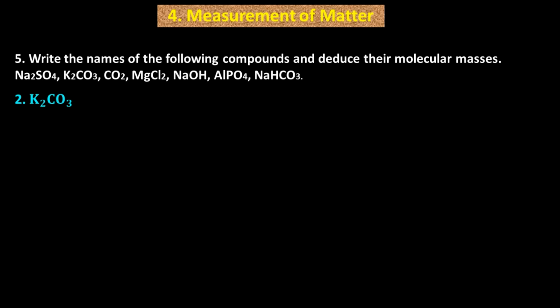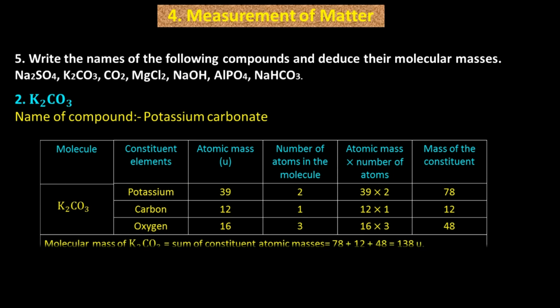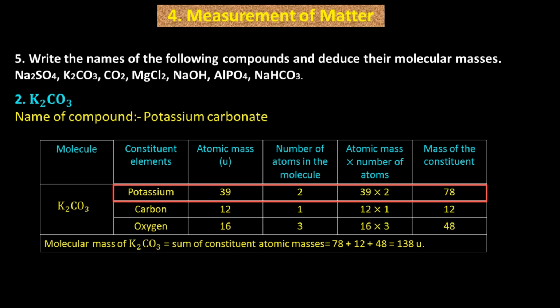K2CO3. Name of the compound is potassium carbonate, its molecular formula K2CO3. Constituents are potassium, atomic mass of it is 39. The number of atoms in this compound are 2.